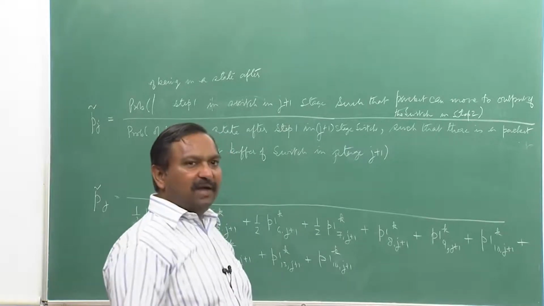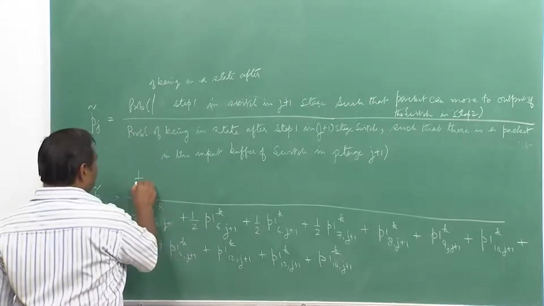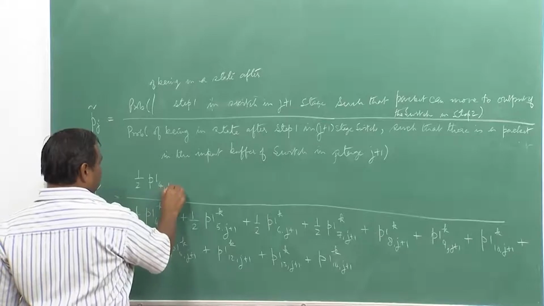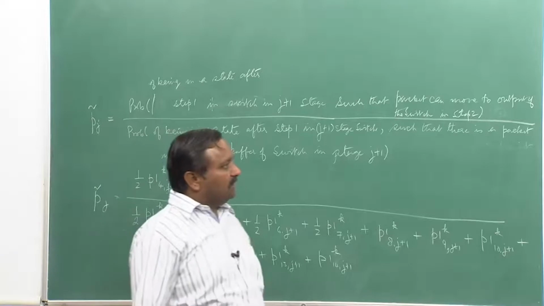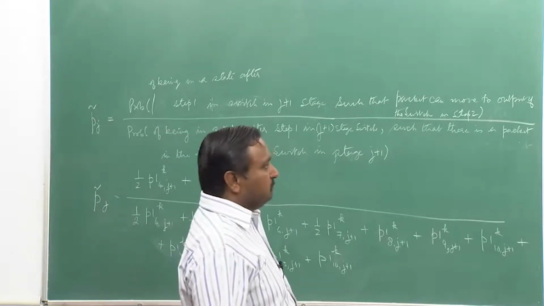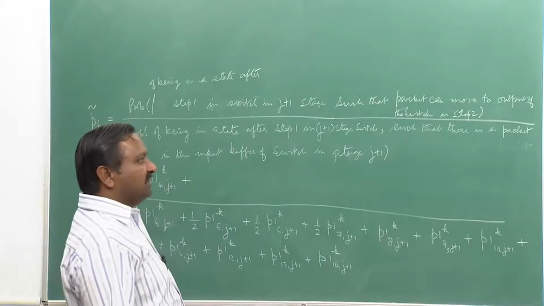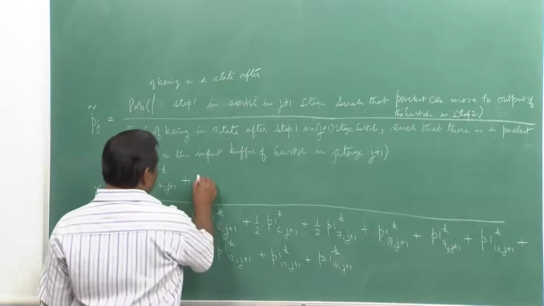In 4th, yes, the packet will actually be going, but this will be only happening with half of the probability. So half p1 4 j plus 1 k. Next, in the 5th there is no possibility because there is a blocking, so the output buffer is not empty. In 6th it will be happening, but that will be again with the half probability.